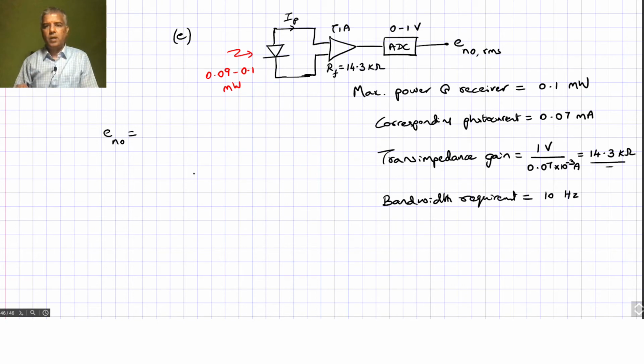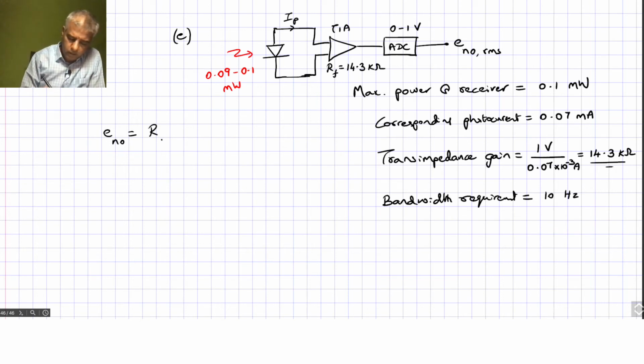So the variance of each of those, the noise power corresponding to each of these processes, is going to add, and then we'll have to take the square root of the summation of all of those.